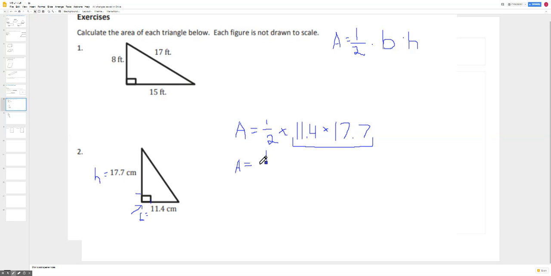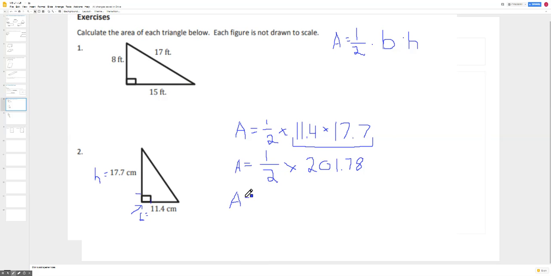So I bring down the 1/2, and hopefully you get 201.78. When I first did it, I got 20.1, which I knew had to be wrong because 11 times 17 is a whole lot more than 20. So it's just using my knowledge of multiplication.